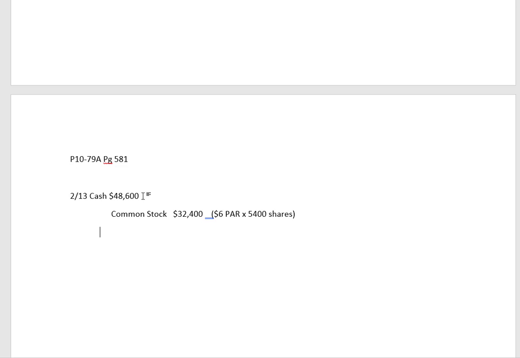And the remainder is going to go into paid-in capital in excess of par, common stock, right? I'm going to call this APIC, okay? So going forward in the journal entries, I'm just going to put APIC instead of all of this wording. So that's just going to be the difference, and that is going to be 16,200.